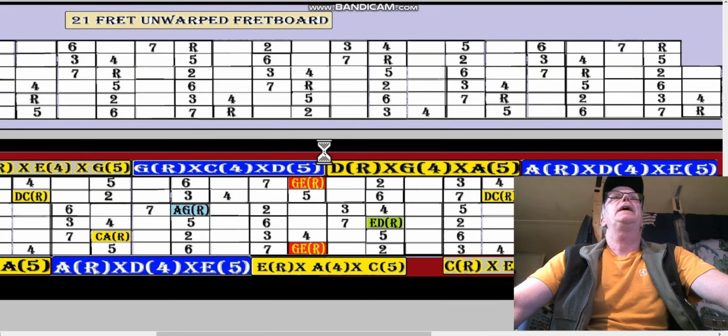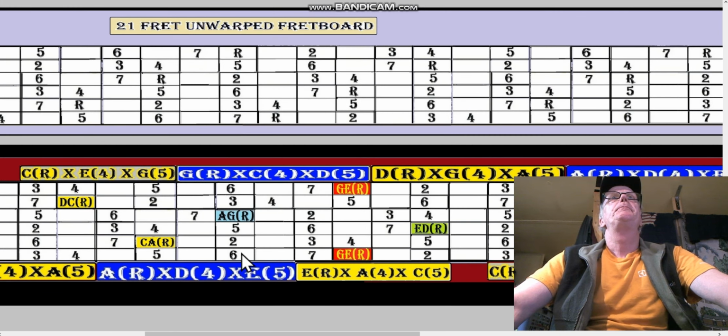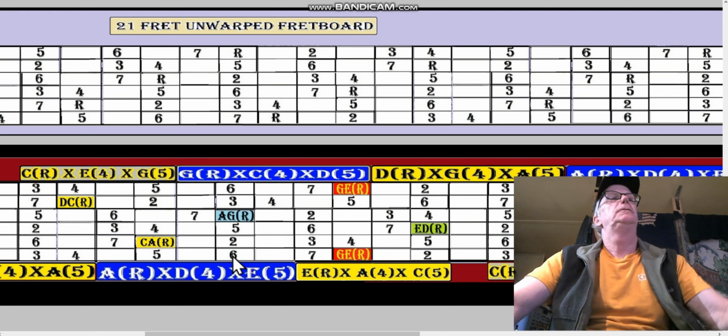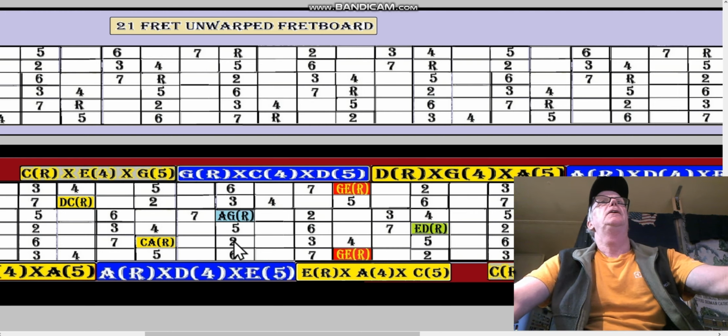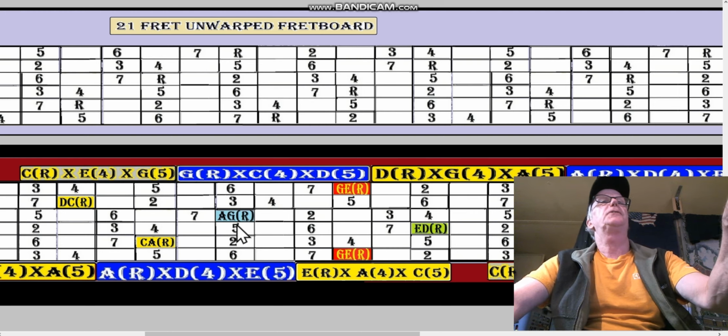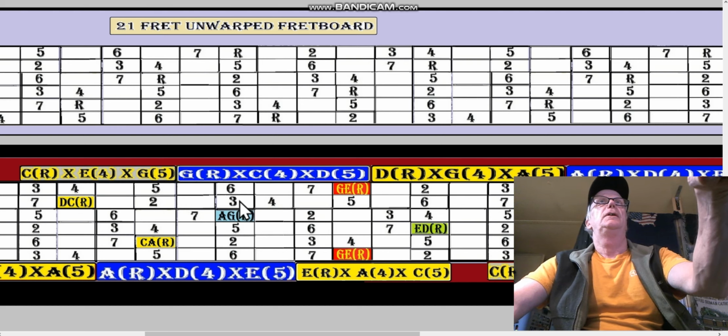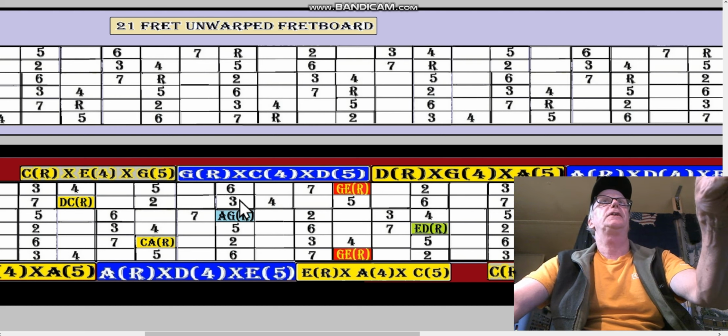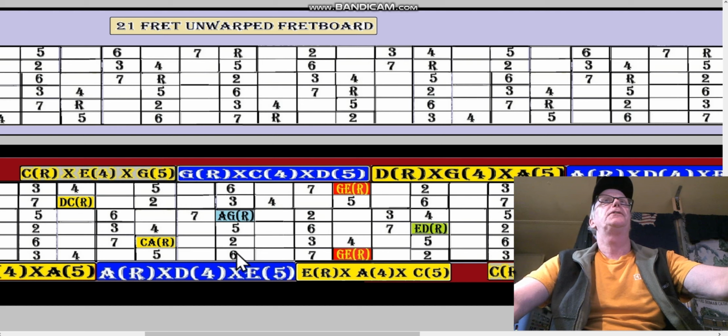If we have our A string right here, we've got A, fourth of A is D, fourth of D is G, fourth of G is C, but then C goes to the third, which is E. Now E is the third of C, okay? So we start on A, the sixth of C is A, the second of C is D, the fifth of C is G, which is the fourth of D.